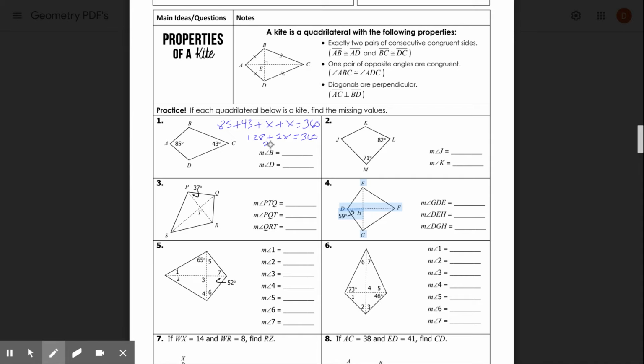So we have 2x equals 232. And then if we divide 232 by 2, we should have the measure of angle B and angle D, which happens to be 116 degrees. So these are 116.